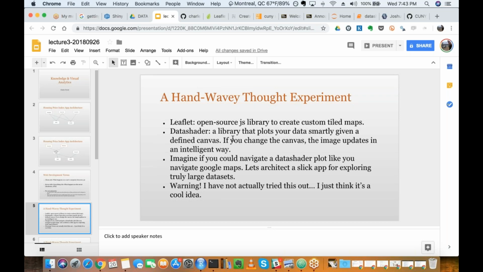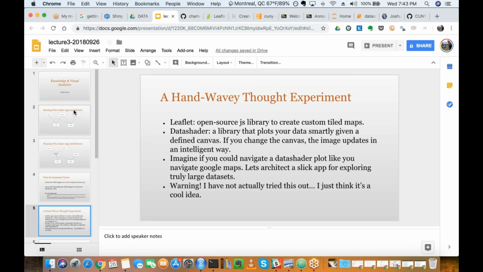Just to give you a quick preview, at a very high level, it's a thought experiment of what kinds of things you think of if you were building a web app from scratch. Warning, this is very hand wavy. I haven't actually tried this, but hopefully this is a preview of what's to come in future meetups.